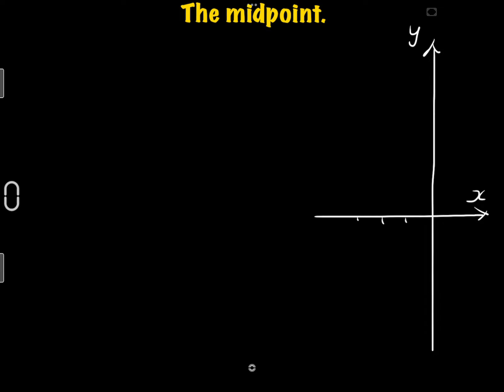So we have markings: -1, -2, -3, -4 on the x-axis, where we simply stop there, and then we have 1 and 2.